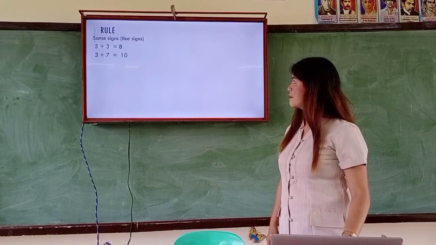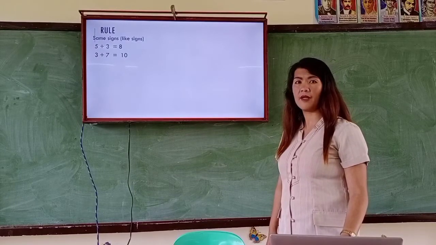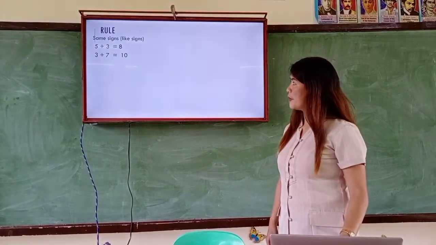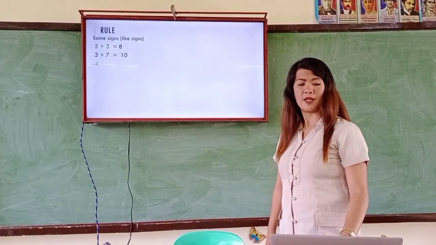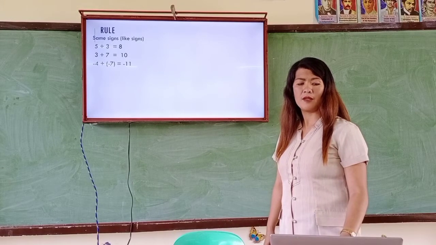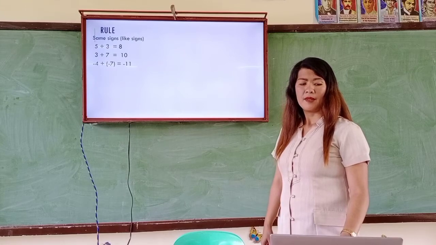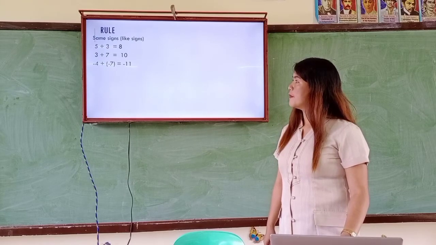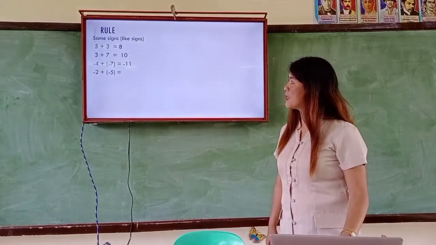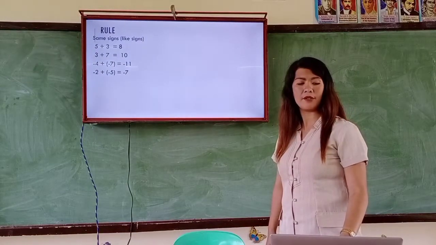Positive 5 plus positive 3 equals positive 8. Positive 3 plus positive 7 equals positive 10. All positive. This one, all negative. Negative 4 plus negative 7 is negative 11. And negative 2 plus negative 5 is negative 7.